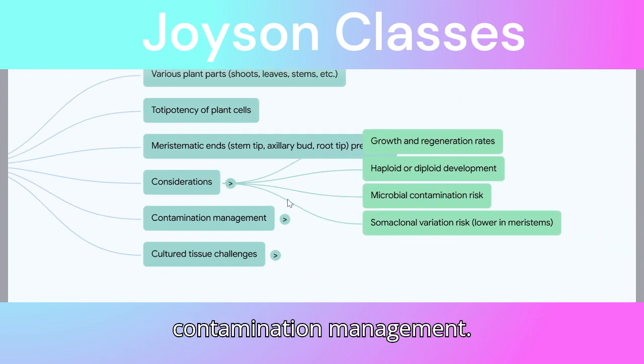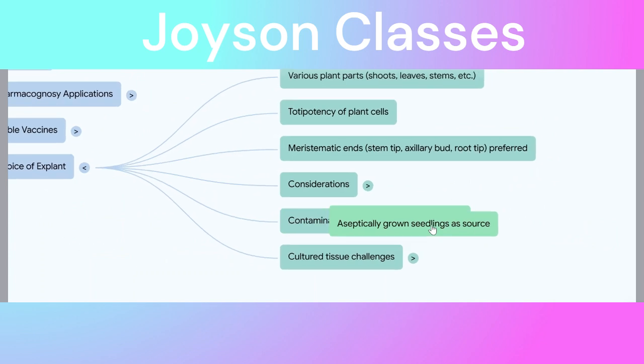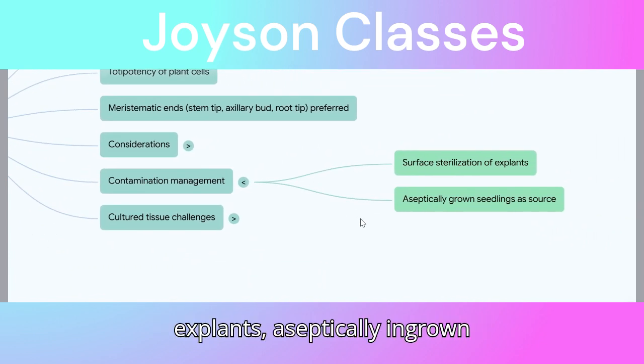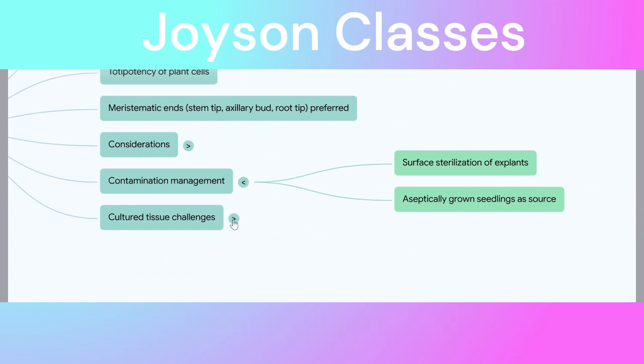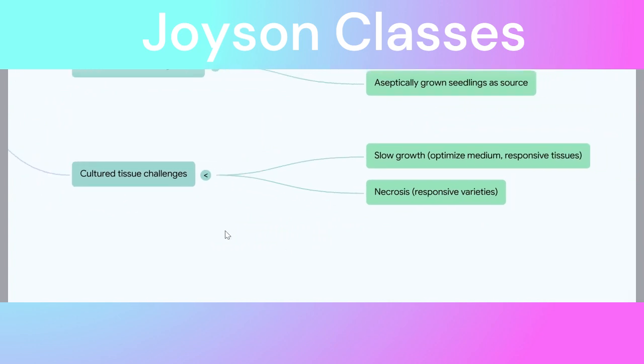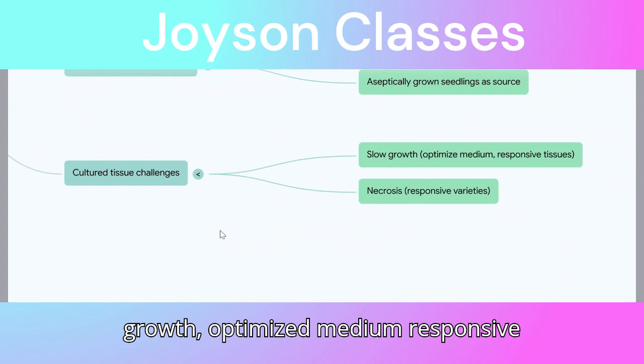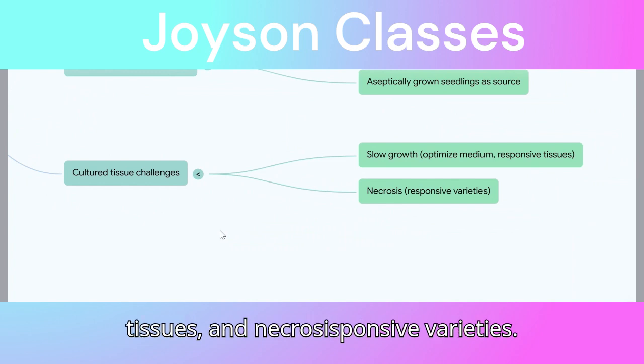Next is contamination management. It includes surface sterilization of explants, aseptically grown seedlings as source. Culture tissue challenges: slow growth, optimized medium, responsive tissues, and necrosis.